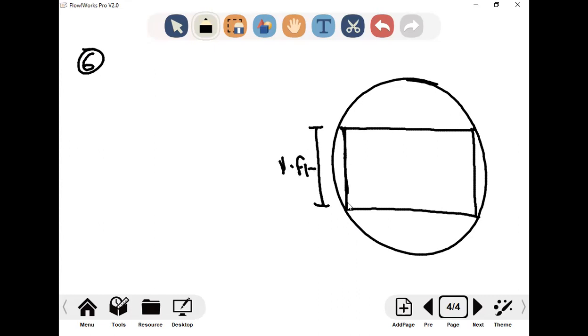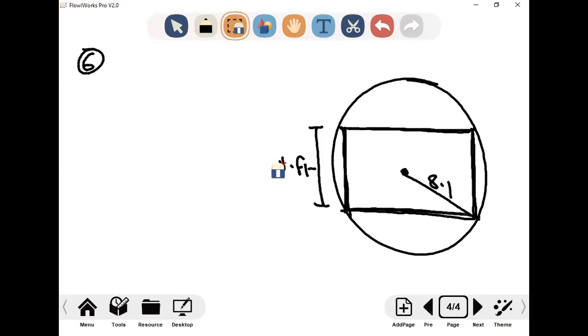This one 11.5, this one 11.5, 11.5, 11.5. If they wanted a rectangle, they would give you this and this, so it would be different. And here we have the radius of the circle. This is the center, and this is the radius, 8.1.